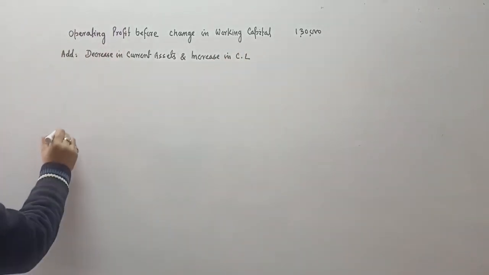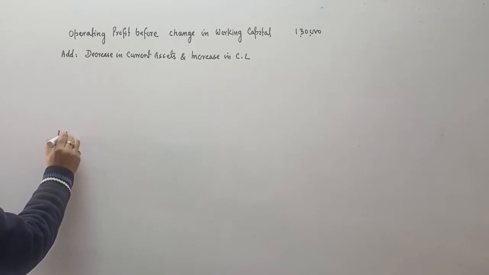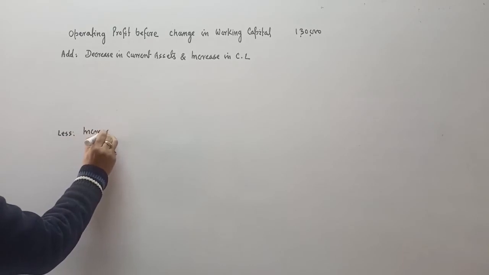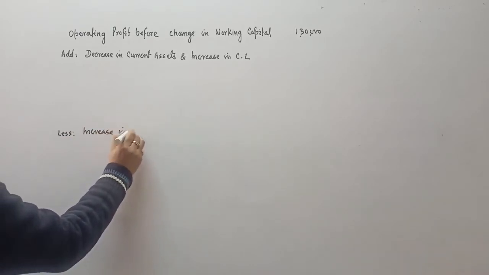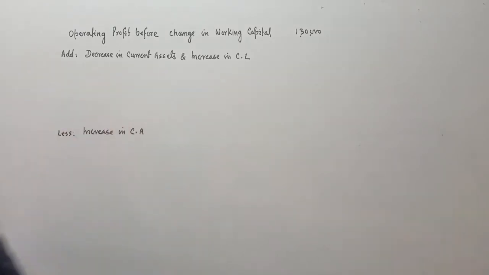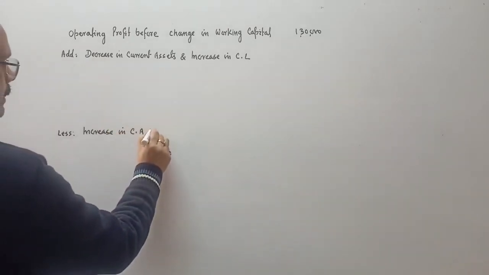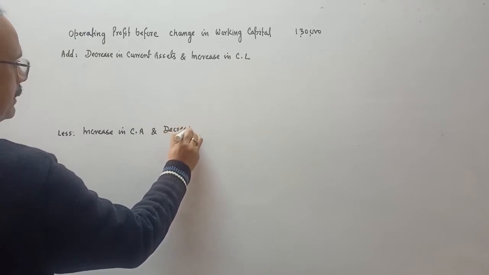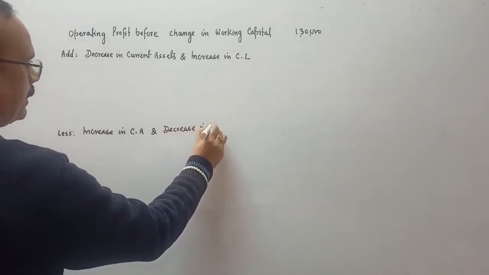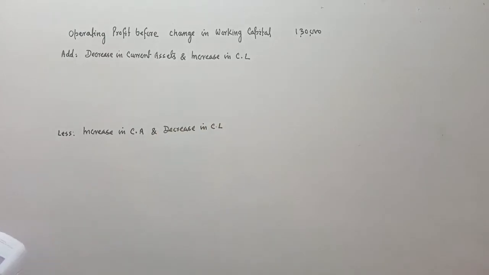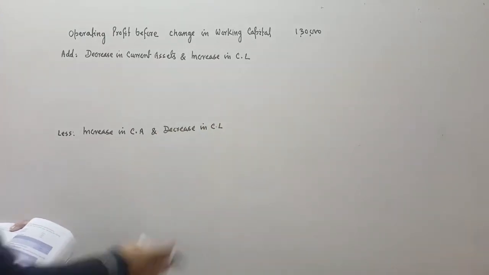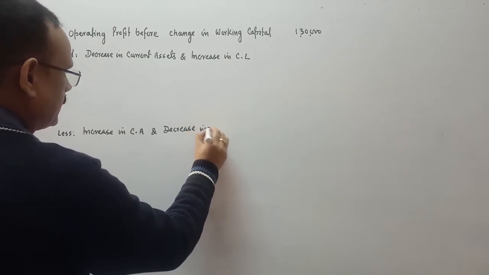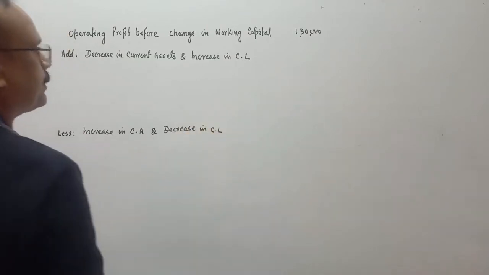Vice versa, we'll deduct increase in current assets and decrease in current liability. Decrease in current liability means it is paid. Increase in current assets means it is purchase.